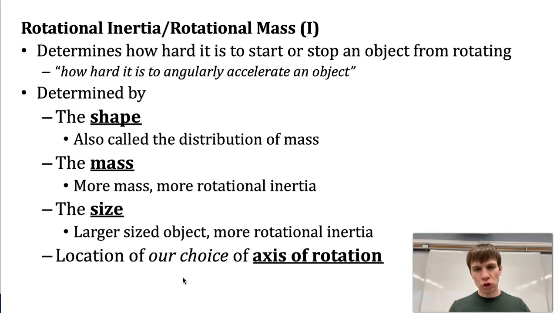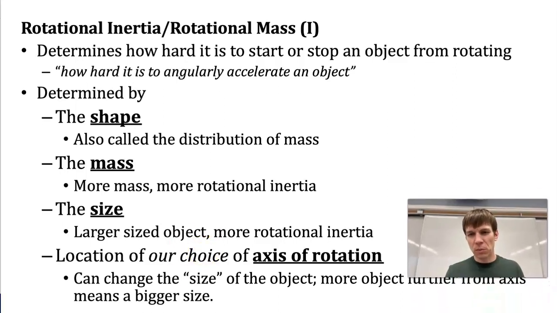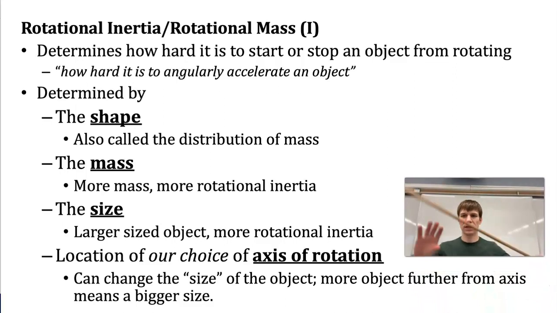And lastly, our choice of the axis of rotation. So this can kind of change the size of the object, put more of the object further from the axis of rotation. So here's a great example. I can take this meter stick and try to kind of rotate it this way. But if I rotate it this way along this axis of rotation, it's really, really easy because all that mass is really close to the axis of rotation that runs down this way.